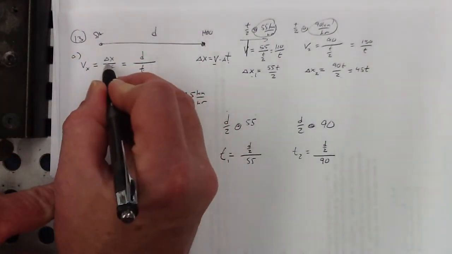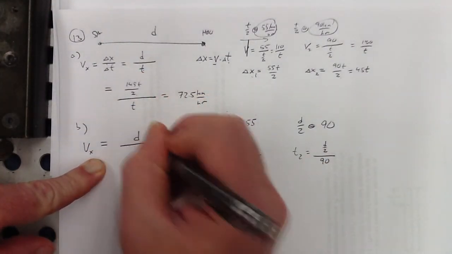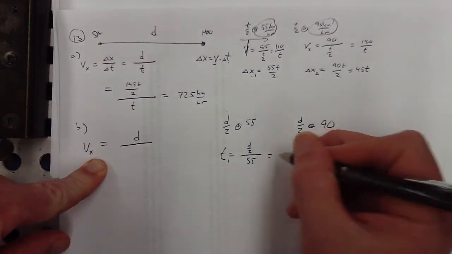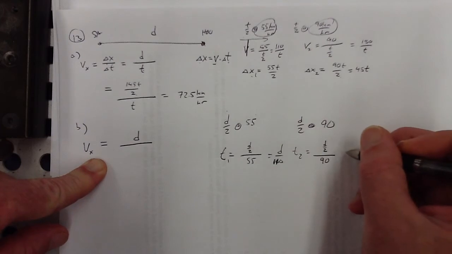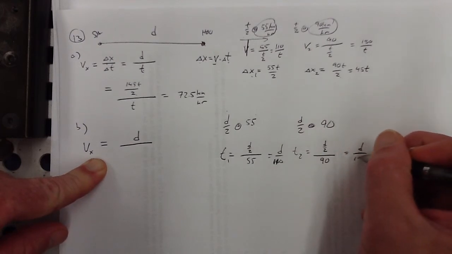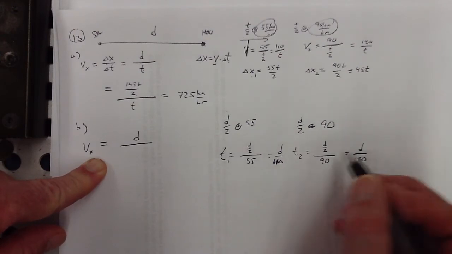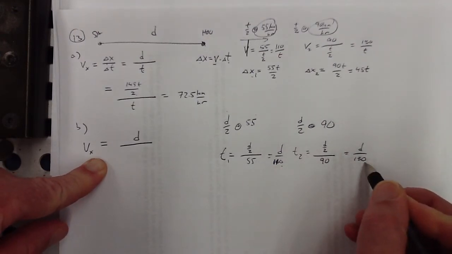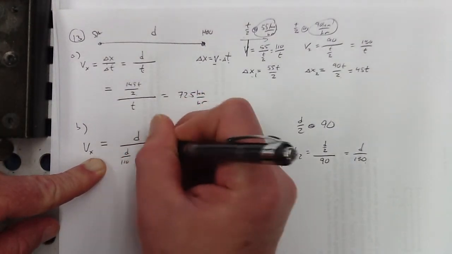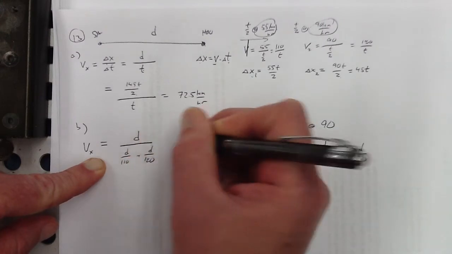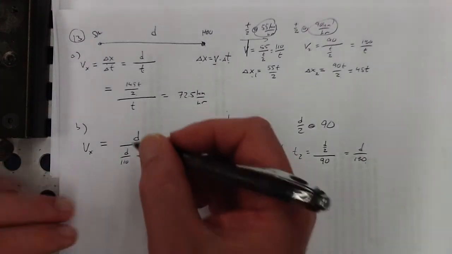If I come back to here and try to find my average, then the total distance here is d, and the total time is d over 110 plus d over 180. And the d's are going to cancel out. There's a small amount of work to do here.